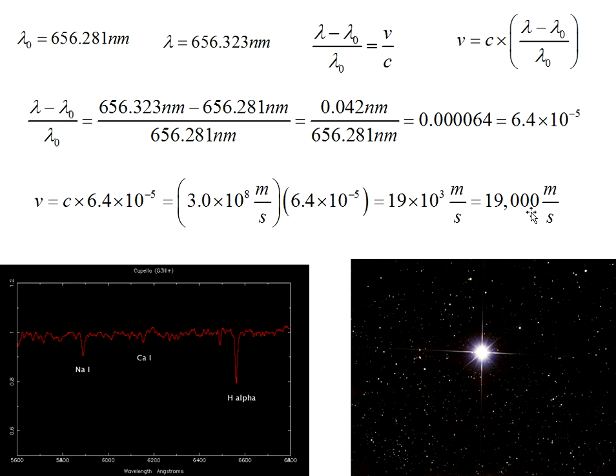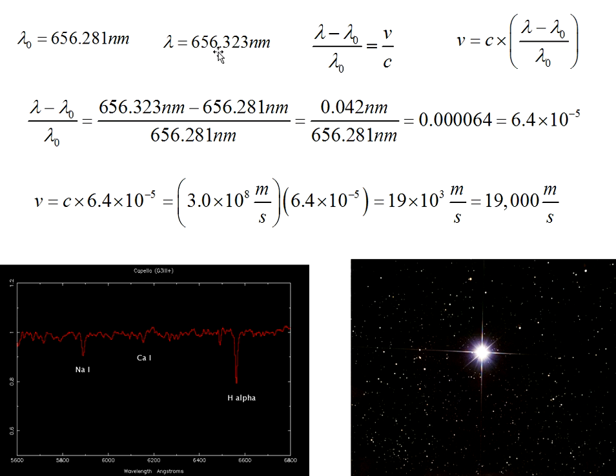Your calculator is going to give you more digits after that, but just round it to 19, two significant figures. Then you take care of the exponents. You have 10 to the 8 multiplied times 10 to the minus 5, so that's 10 to the 8 minus 5. That's 8 plus negative 5, which is 3. 10 to the 3 is 1,000. So 19 times 1,000 is 19,000 meters per second.